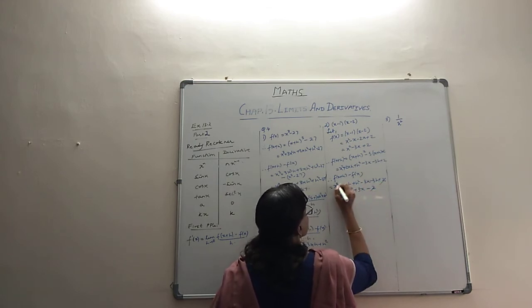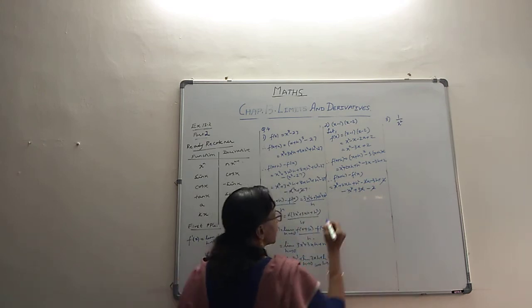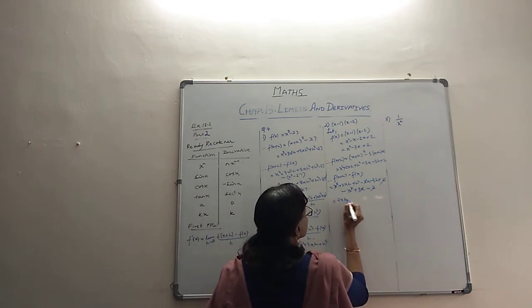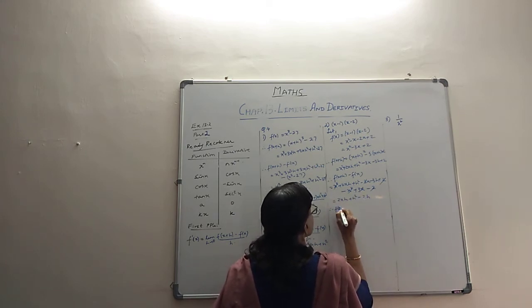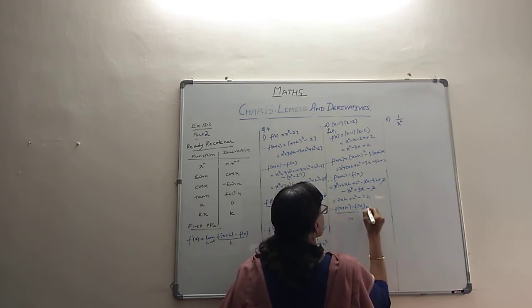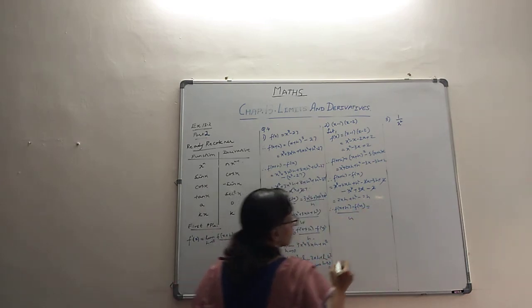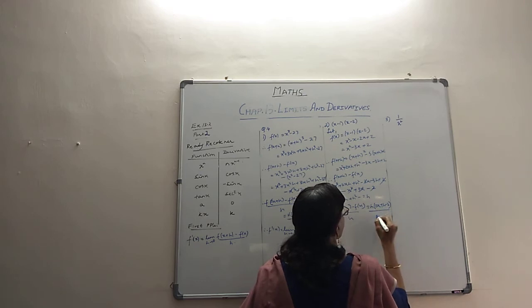All that is getting cancelled and you are left with 2xh plus h squared minus 3h. So f of x plus h minus f of x whole by h is h times 2x plus h minus 3 by h.